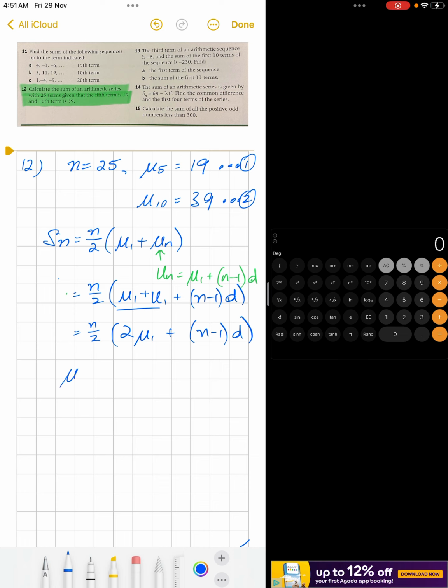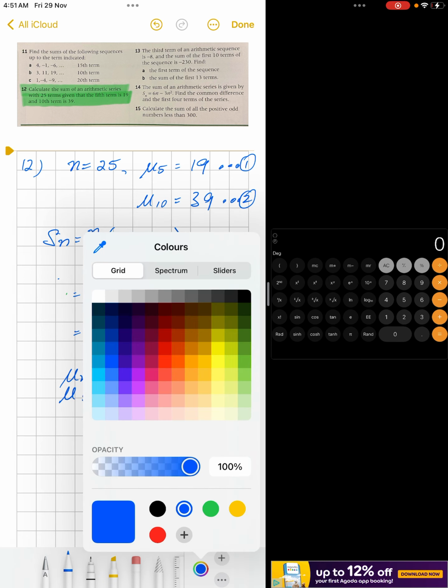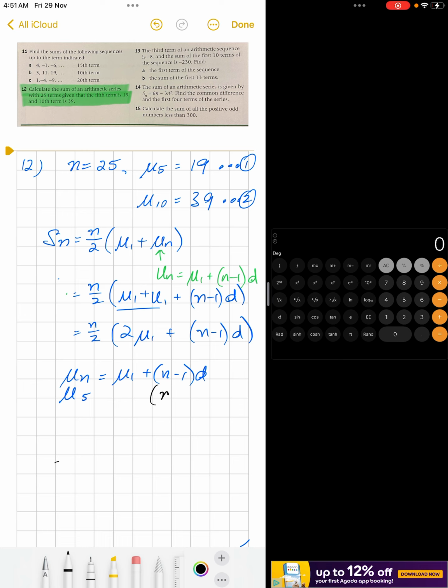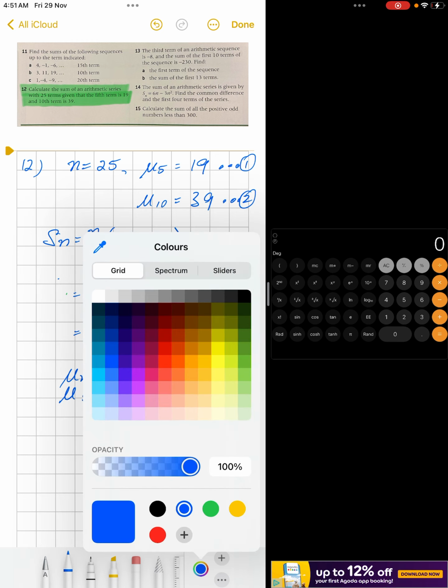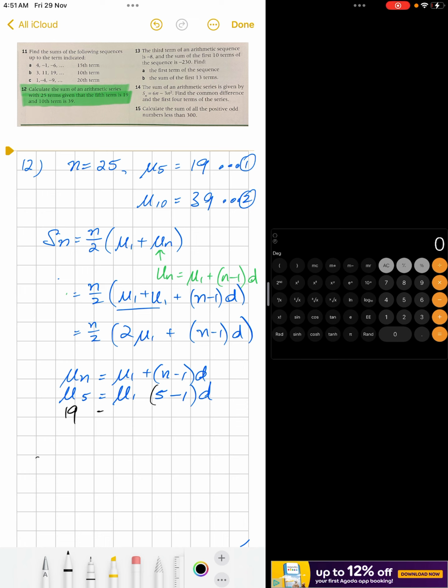Going back to this rule here, u1 plus n minus 1 d's, the fifth term where n is 5, so we would put a 5 here, and we don't know the first term, so we've got the fifth term happens to be 19, so we could put here 19 equals the first term plus 4d's, and that's the first equation.